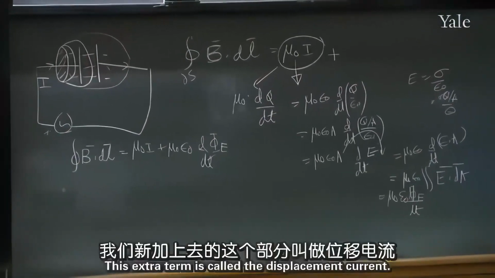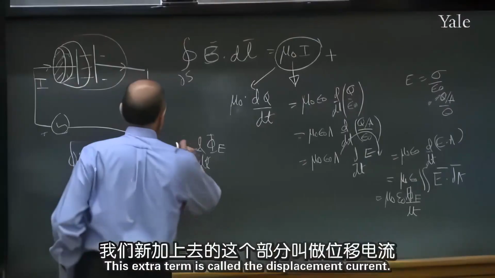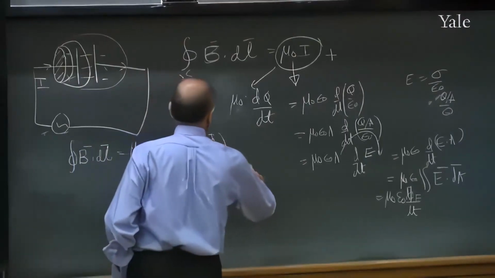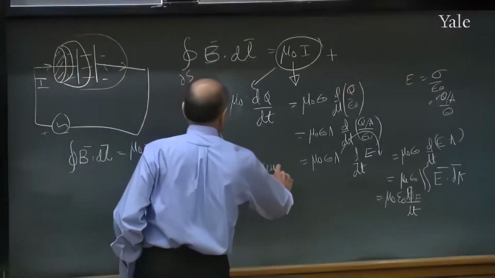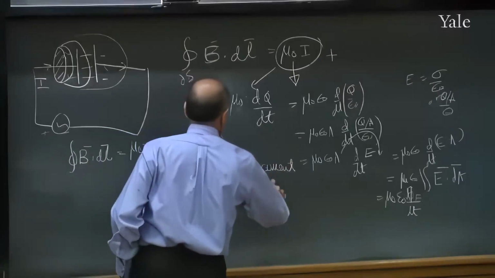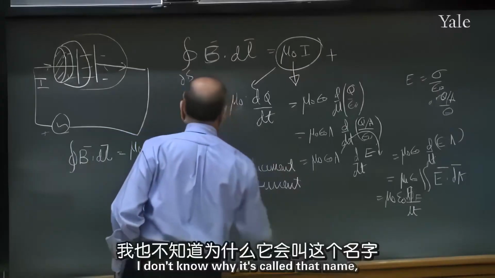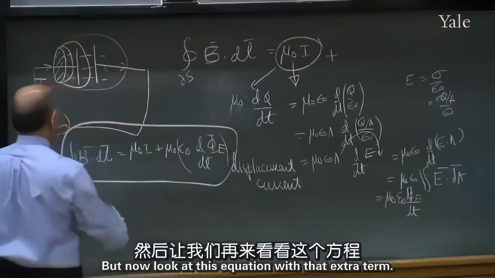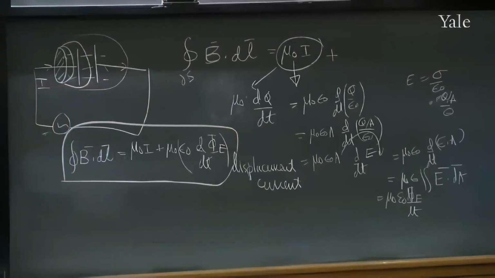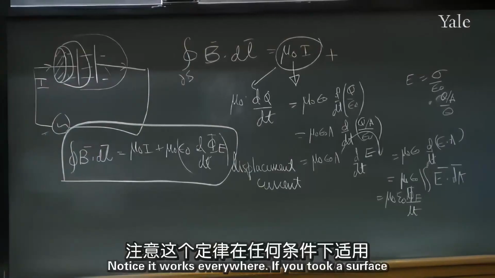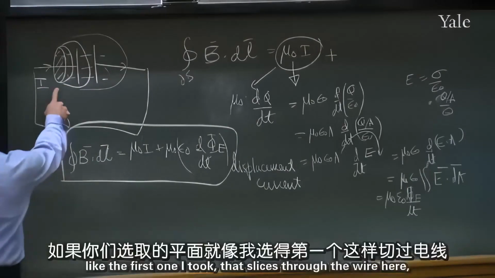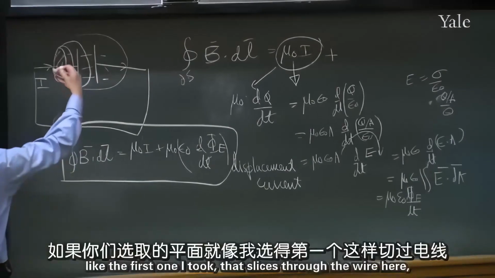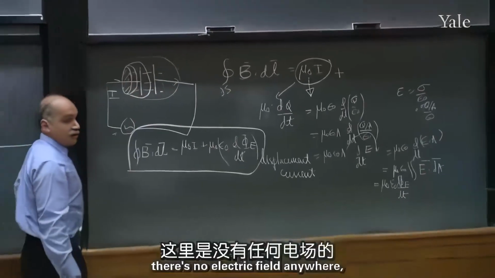This extra term is called the displacement current. You don't know why, I don't know why it's called that name, but you know that you have to put that extra term. But now look at this equation with that extra term. Notice it works everywhere. If you took a surface like the first one I took that slices through the wire here, there's no electric field anywhere.